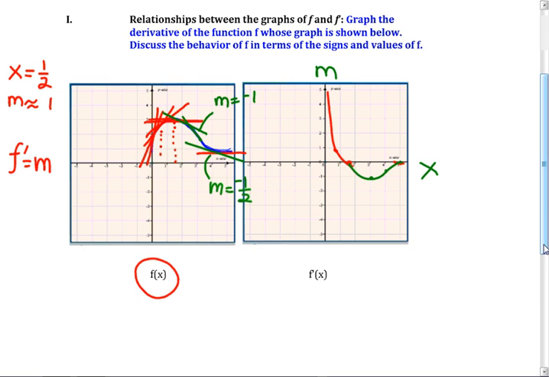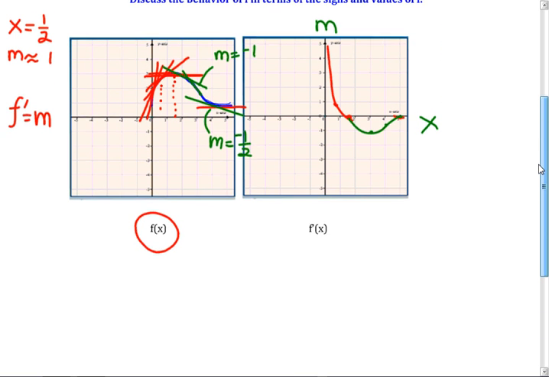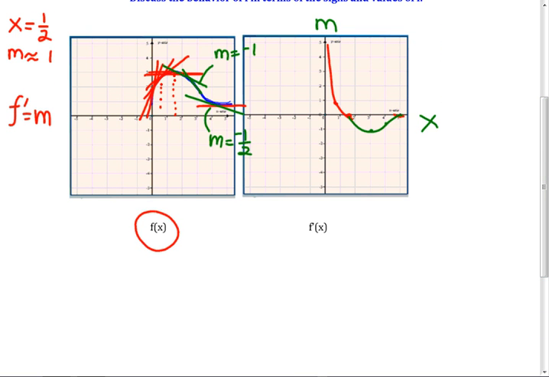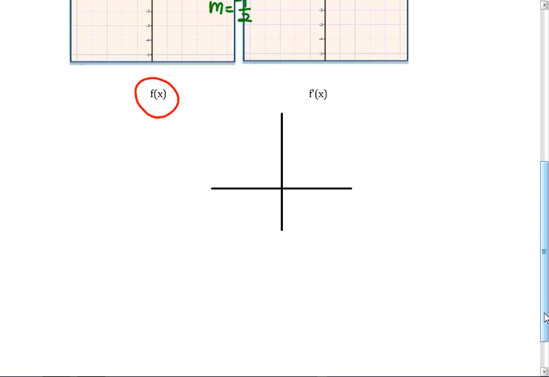So if I gave you y equals x squared, so I'll try to get my axes in here. Okay, ready? If I gave you y equals x squared, we know what that looks like. Ugh, that wasn't very good, was it? Hang on. I'll just slide it over a little bit. That's better.